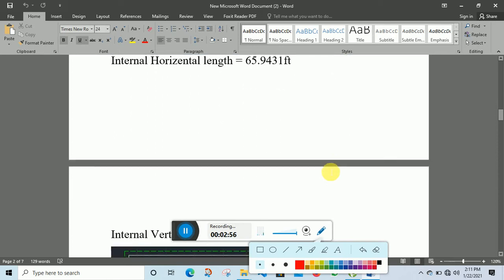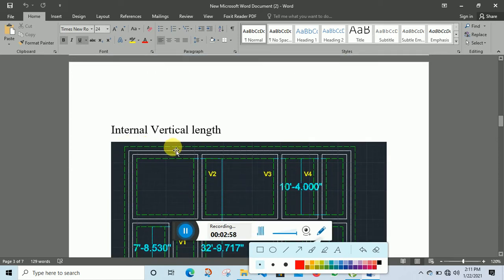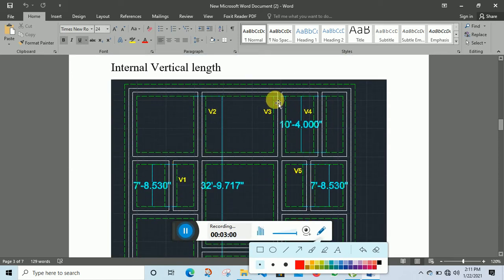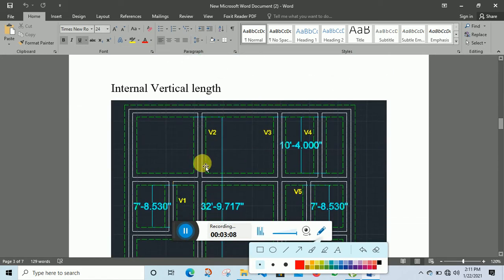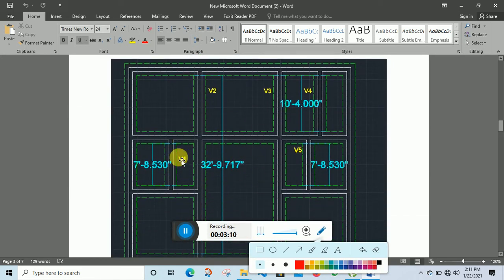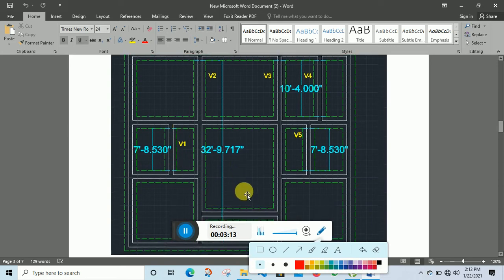Now the internal vertical length. I just found the internal horizontal length, and now I have to find the vertical length of the plan.